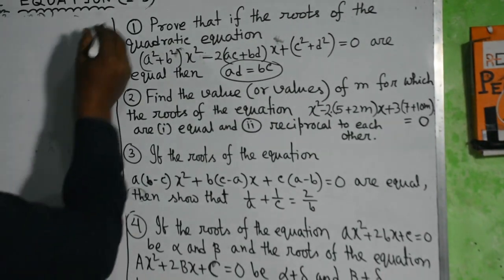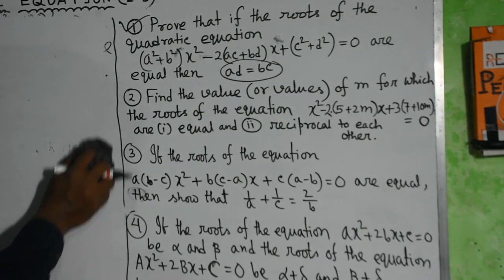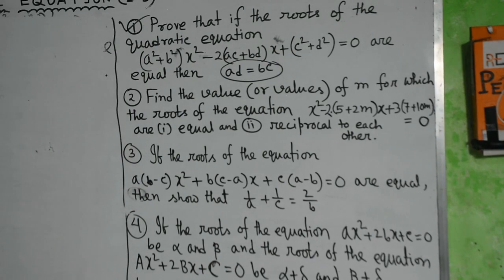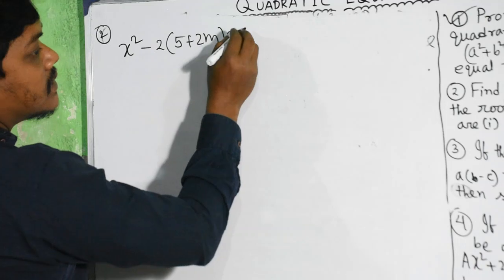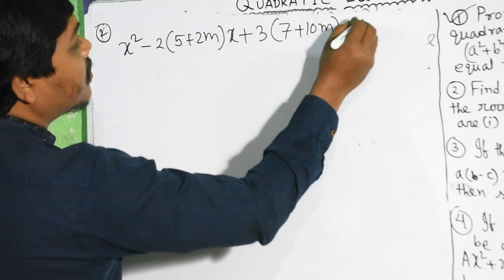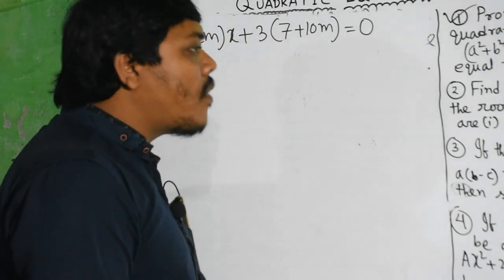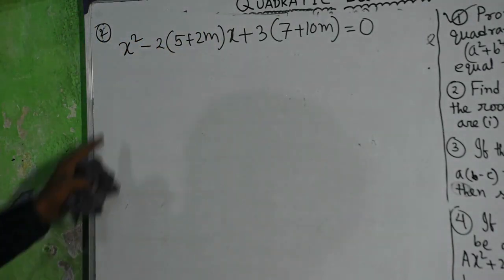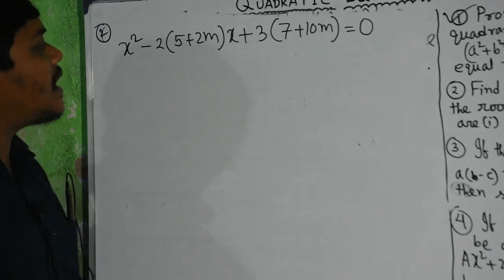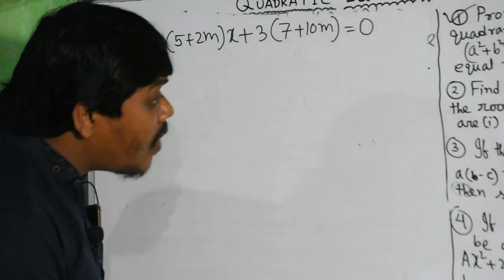The second problem is: find the value or values of m for which the roots of the given equation x square minus 2 into (5 plus 2m) into x plus 3 into (7 plus 10m) equals 0 are equal.